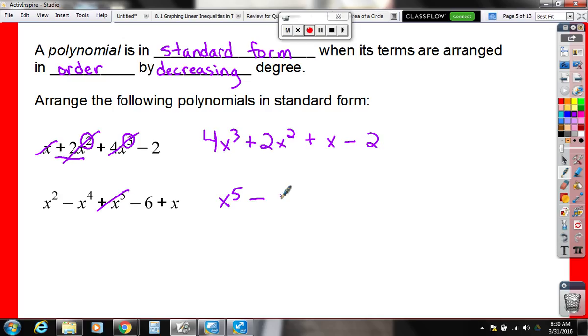Okay, so we have to keep whatever sign is to the left. So minus x to the 4th. Amy, what would go next? X squared. Paul, what would go next? X. And Adam, what would go last? Minus 6. Minus 6, good. Okay, any questions about that?